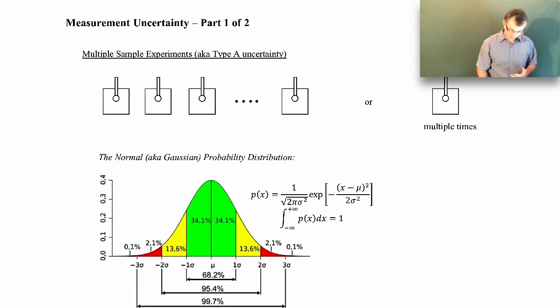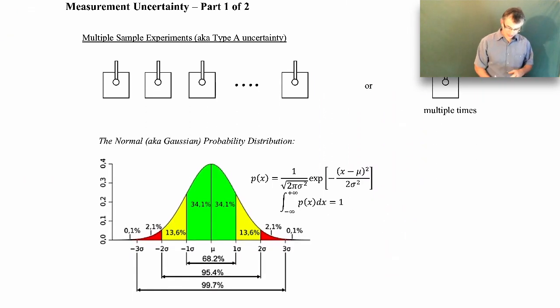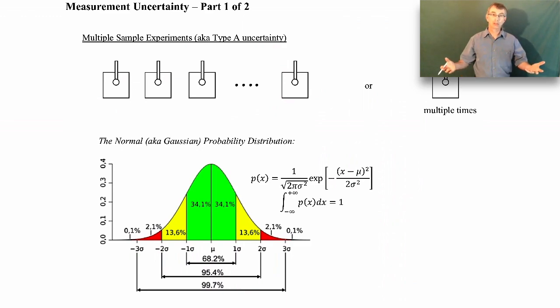So multiple sample experiments. An example of this would be, let's say we want to measure the temperature of a container. So here's my container, it's this box, and then we have a thermometer that we're going to make the measurement. So one way you could design that experiment would be you would have, let's say, 20 identical containers, 20 identical thermometers, and you run all of those each one time, so you get multiple measurements.